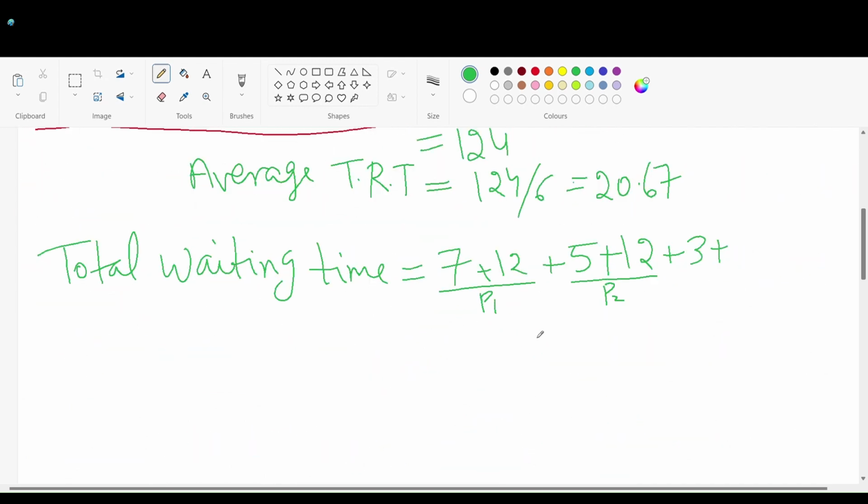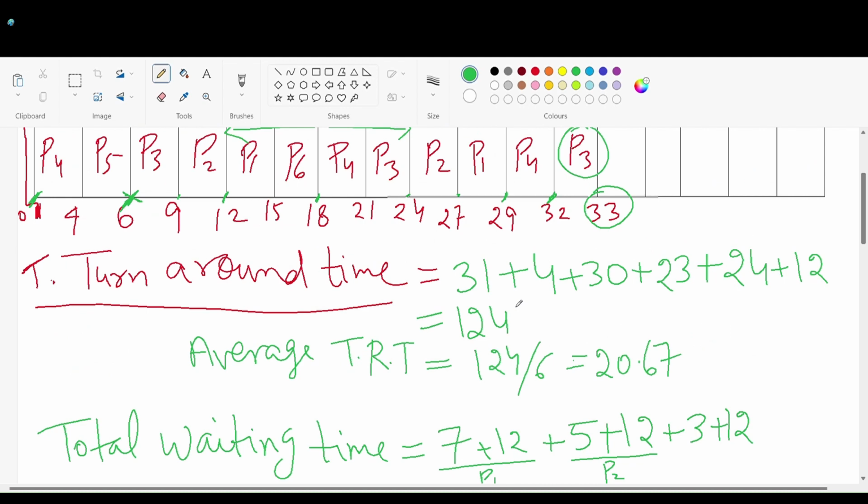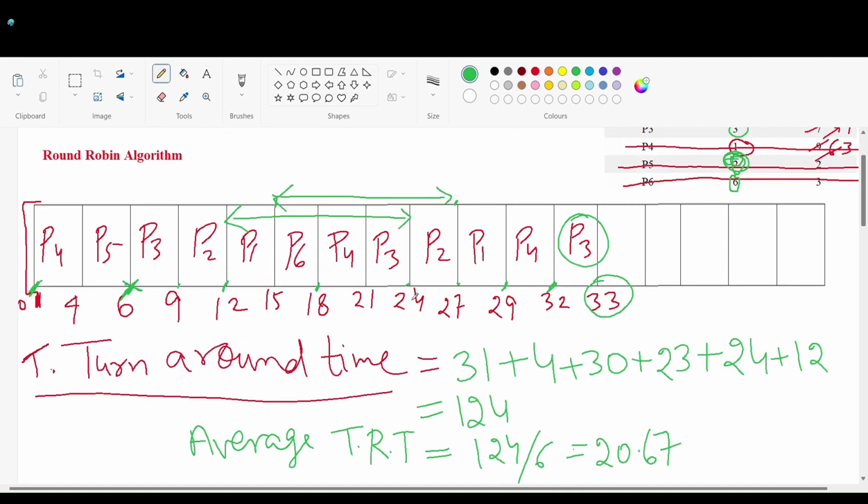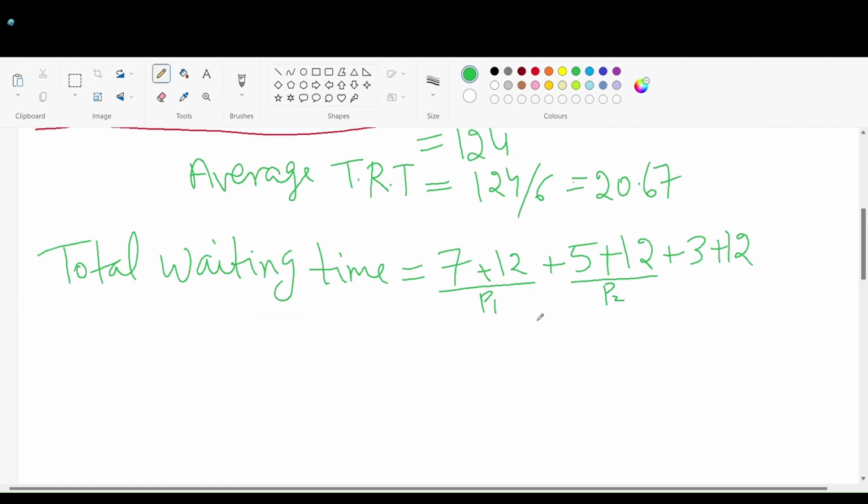So this is also 12. But P3 doesn't complete yet. So P3 will start the execution again at 32. So from 24 to 32 is also the waiting time of P3, right? So 32 minus 24, it's 8. So this is the total waiting time of P3, right?